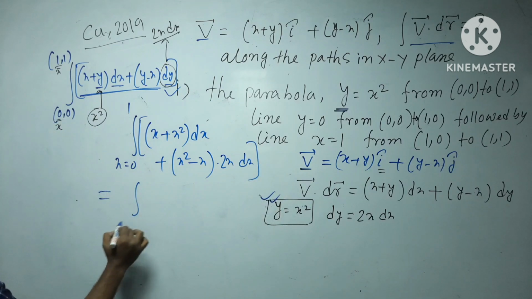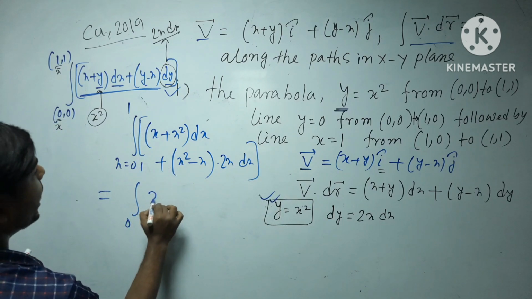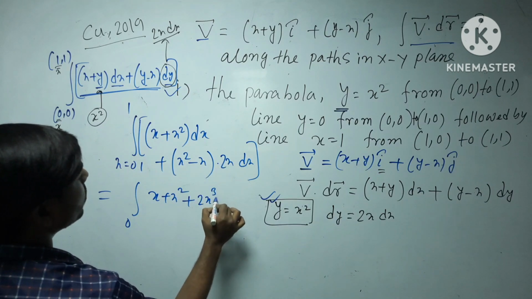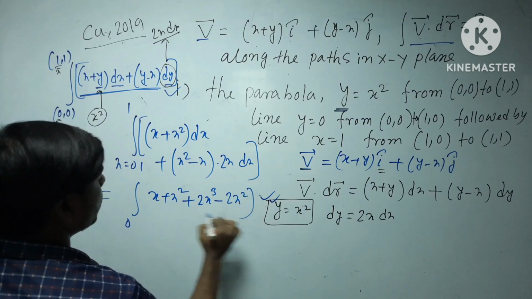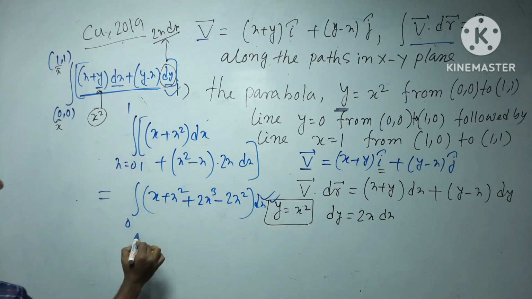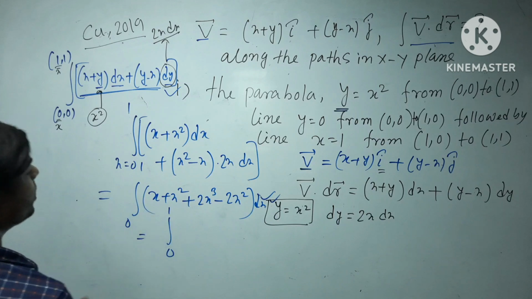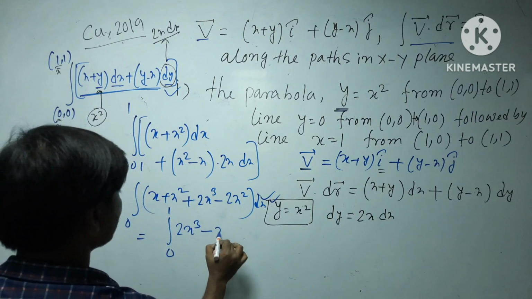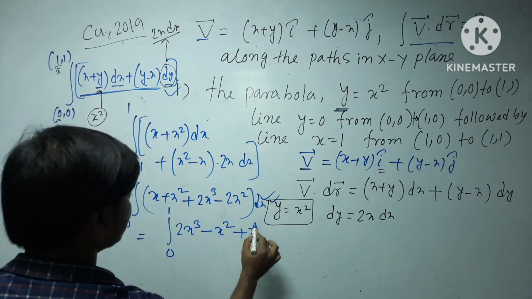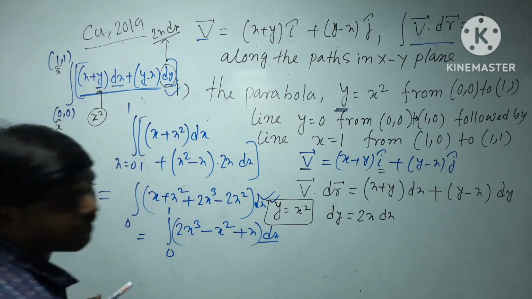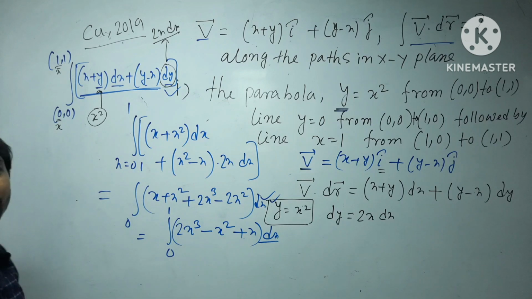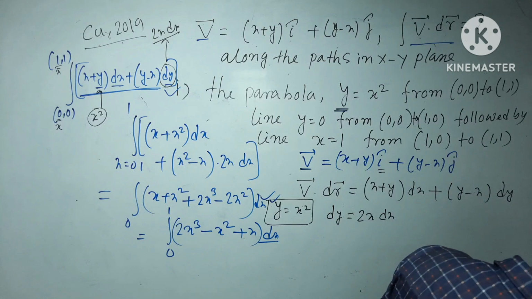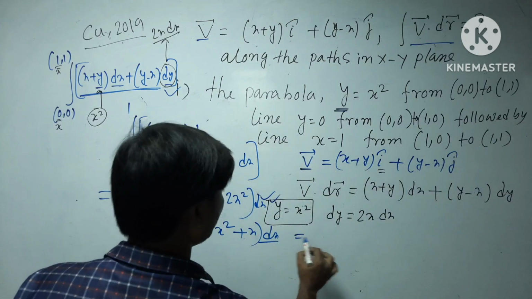So this integration is 0 to 1, x plus x square plus 2x cube minus 2x square dx. So this is integration 0 to 1, 2x cube minus x square plus x dx. এরপরে কি আর আমাকে করে দিতে হবে? This is a very simple integration. Do that one, you will get the result, and I will say this result will be 2/3.